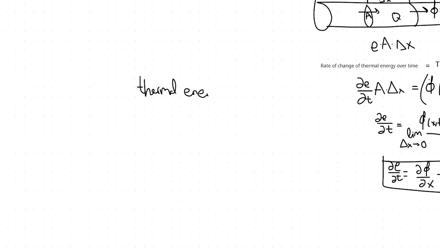Simply put, thermal energy is equal to C times rho times U of x comma t, where C is the specific heat capacity, which is a property of every material that says, for a given volume, how much energy you need to increase its temperature.